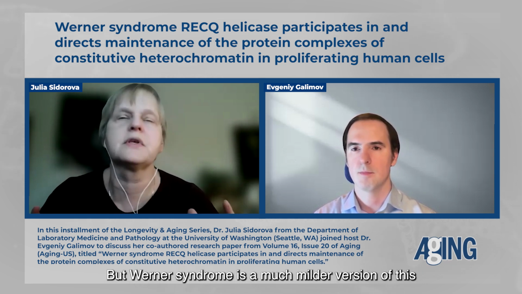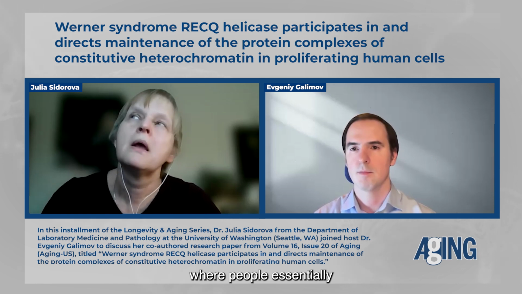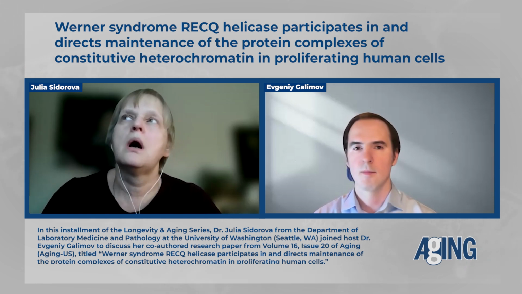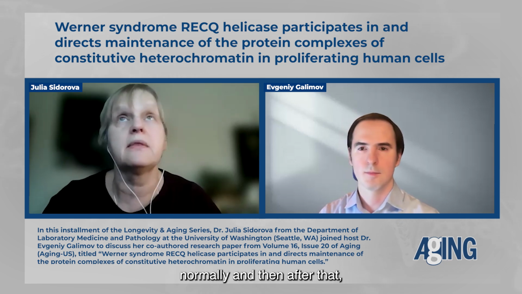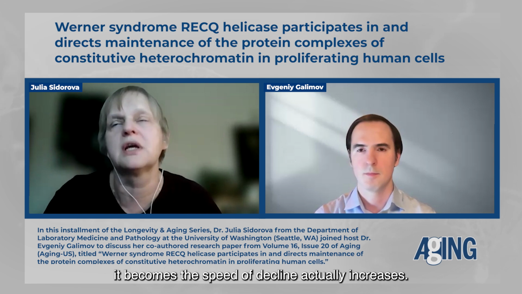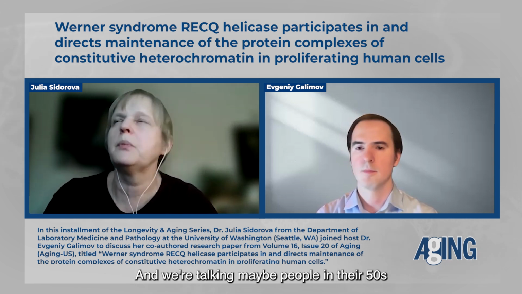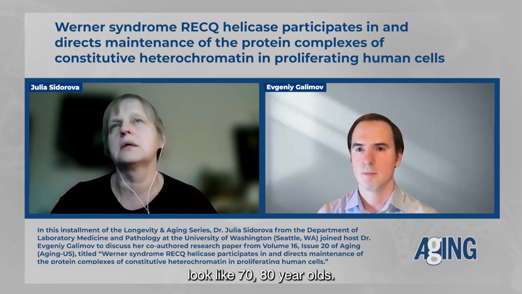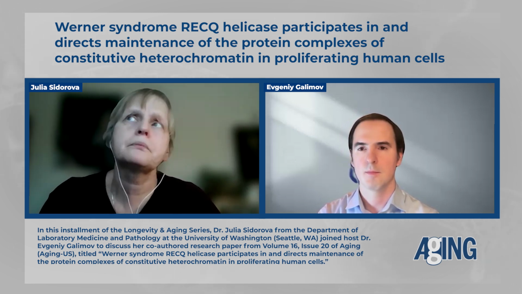But Werner syndrome is a much milder version, where people achieve puberty normally, and after that the speed of decline increases, and we're talking maybe people in their 50s look like 70, 80-year-olds. So it's a milder progeria.